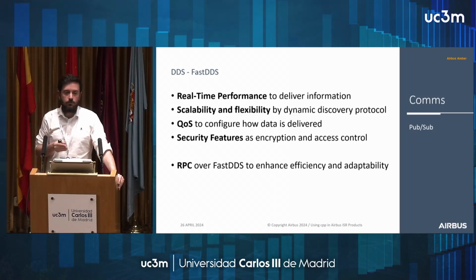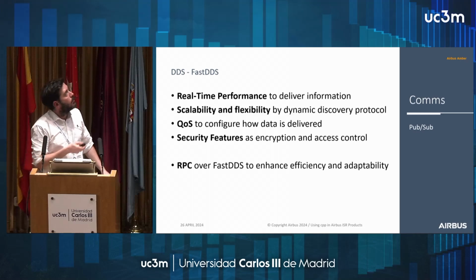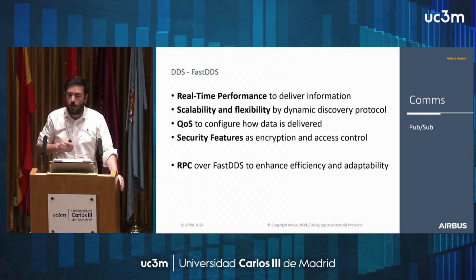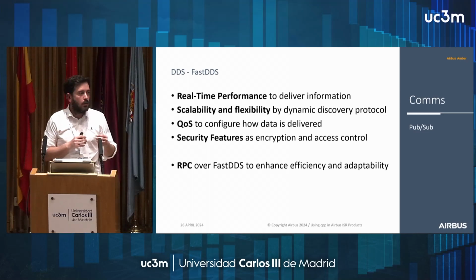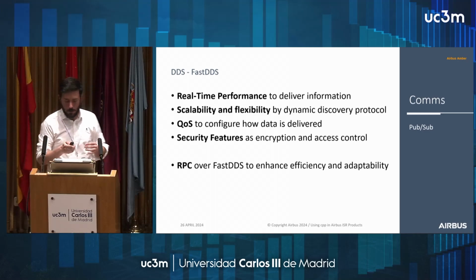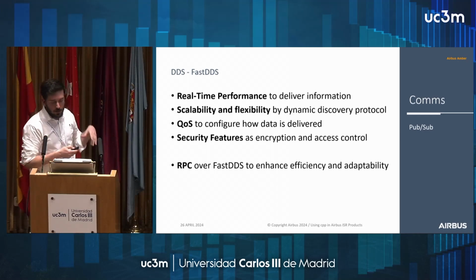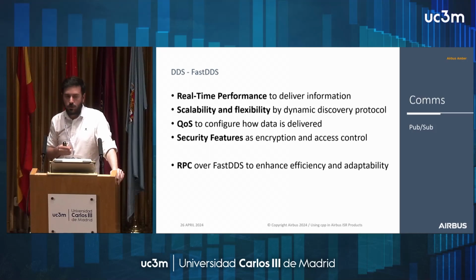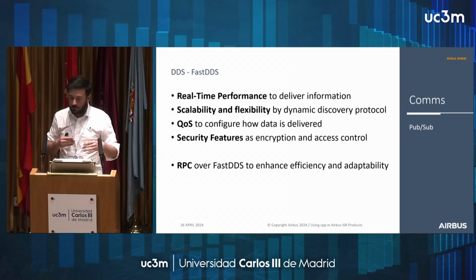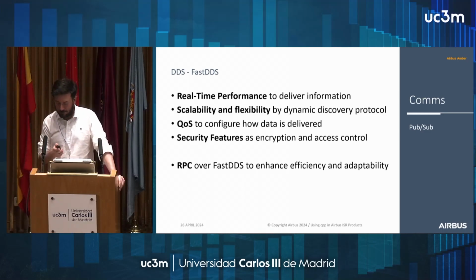Okay, this is very important for us because we can use the dynamic discovery protocol in that case. Okay? We don't need to know where the server is from the client to invoke a process. Okay? In summary, FastDDS offers a robust, secure, and efficient middleware solution that perfectly aligns with the critical and demanding nature of our systems. Okay?